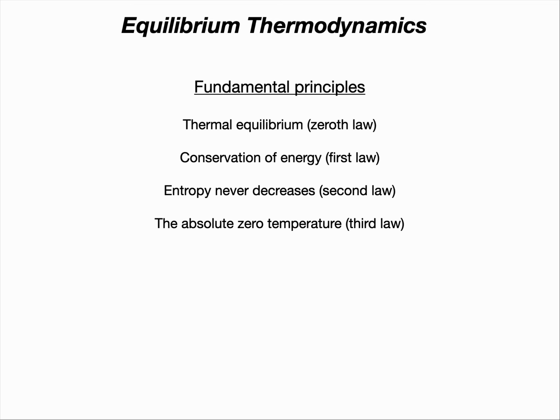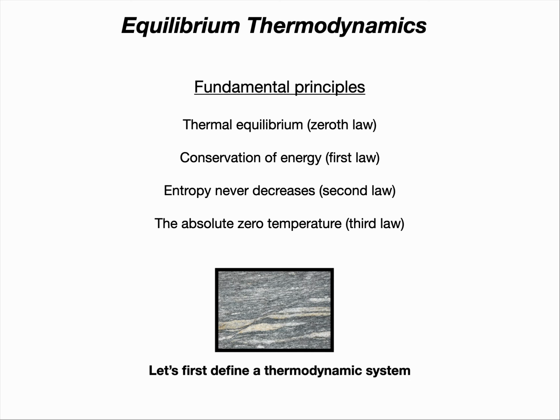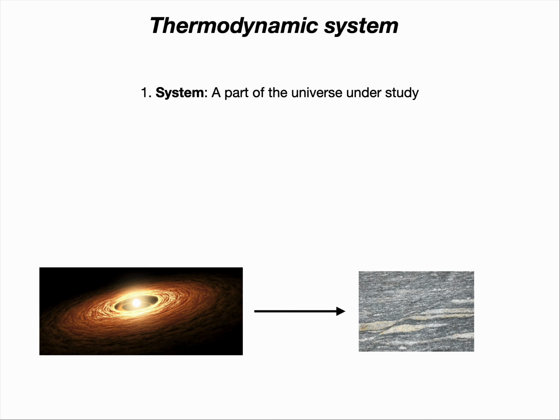But prior to discussing too much about these principles, let's first define the thermodynamic system. So what is a thermodynamic system? A thermodynamic system is a part of the universe which is under study. So we find something in the universe which we want to focus on.